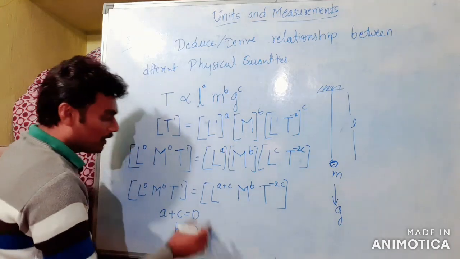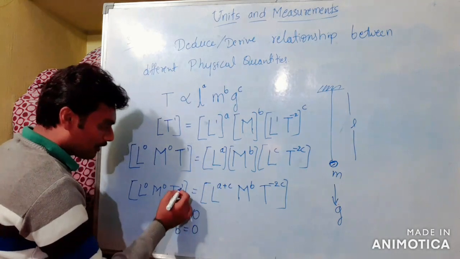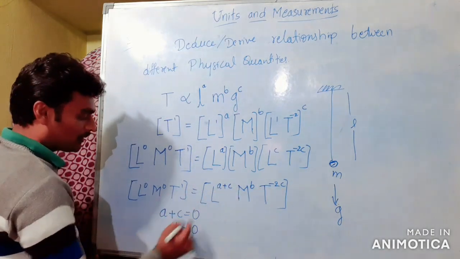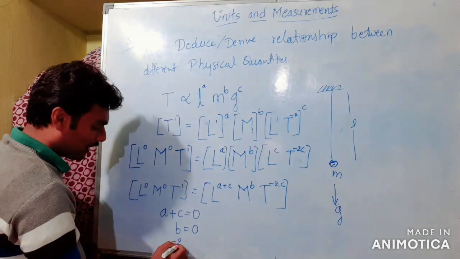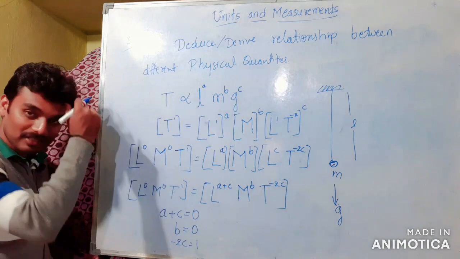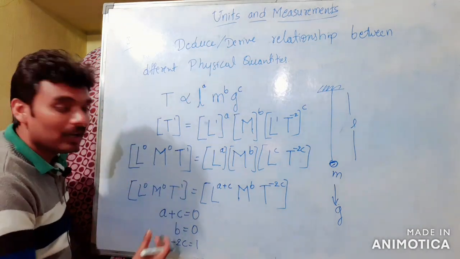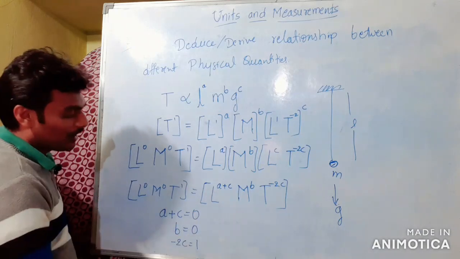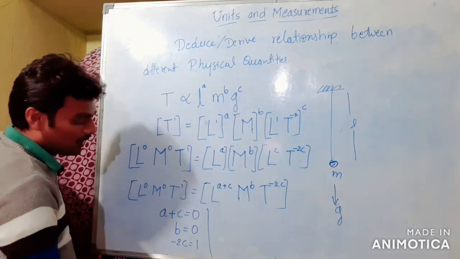And then moving ahead, here I have 1, and here I have minus 2C, which means comparing the powers of T, I get minus 2C is equal to 1. These are the three equations that I get by comparing the powers of similar terms, similar dimensions on both the sides. So let me solve them.